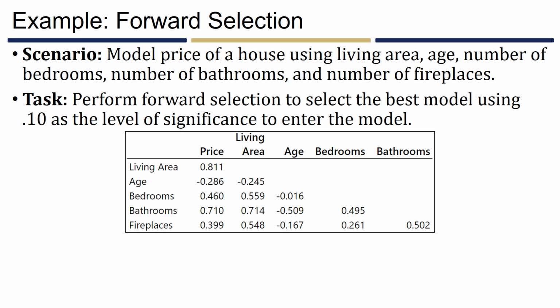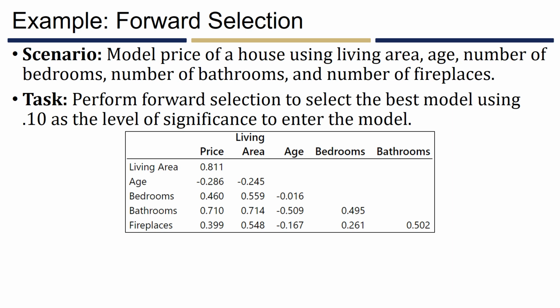So going back to our house price example, where we're modeling the price of a house based on these 5 different predictors, we have the correlation matrix here. What we're interested in is the first column of this correlation matrix, because these are giving us the correlations between each predictor and our response, house price.